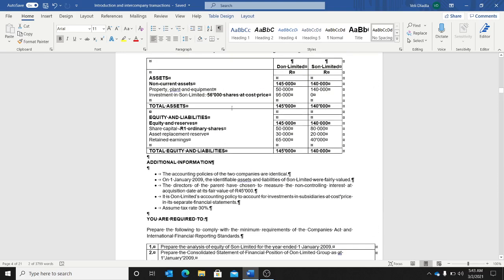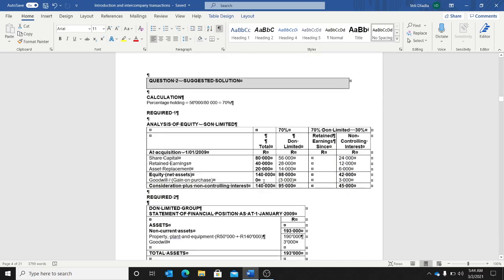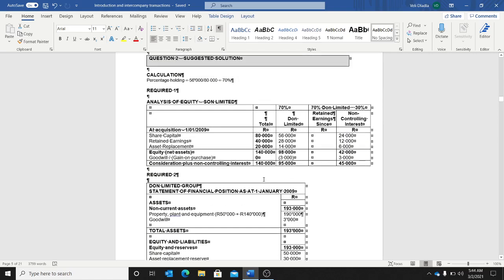Then you go and check. How much did I pay? I paid 95,000 for this investment. So if I paid 95,000, you come here and ask yourself a question. This thing is 98,000, but how much did I pay? 95,000. So I've paid less by 3.